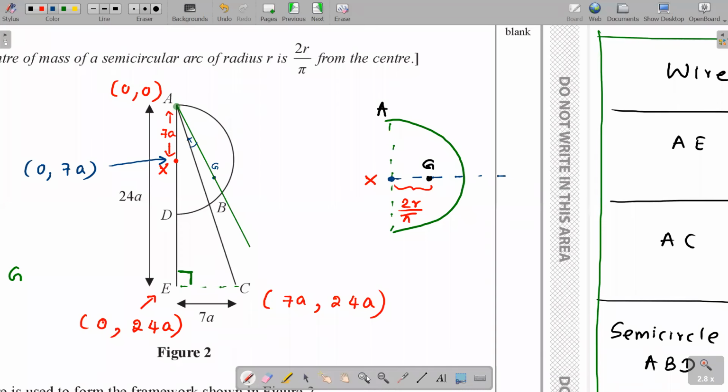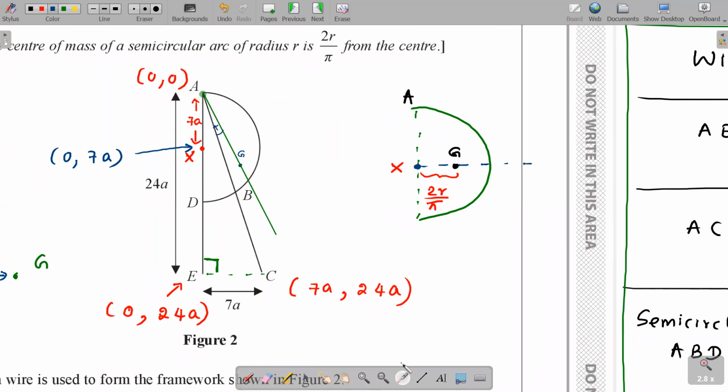Before we find alpha, let's do a few things first. I already found the X bar distance, right? The distance D was X bar. So I'm going to find this big angle first.